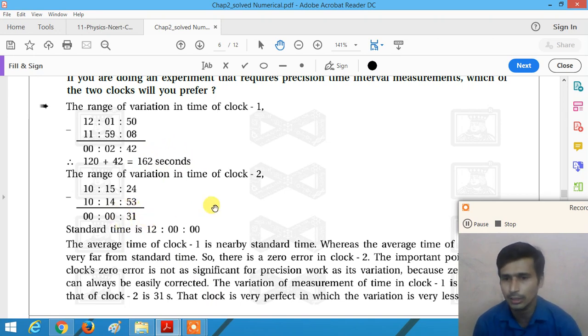So in clock 2 the variation is less, and we prefer clock 2 for precise measurement.